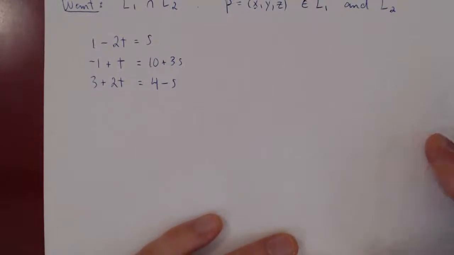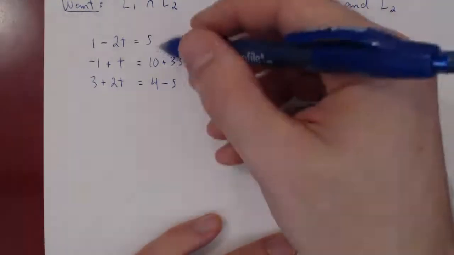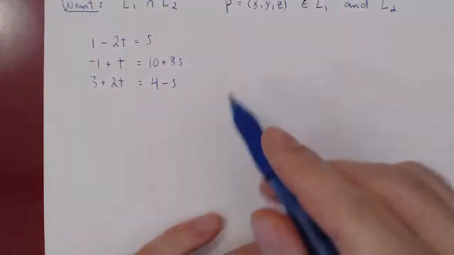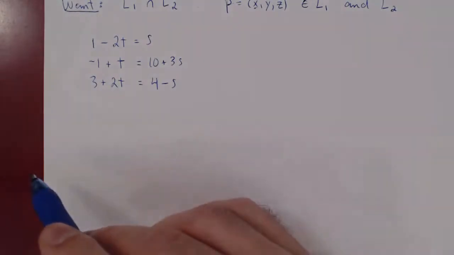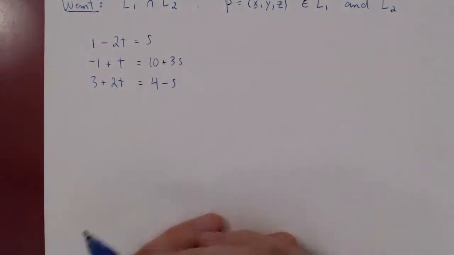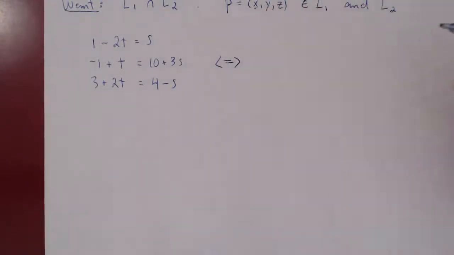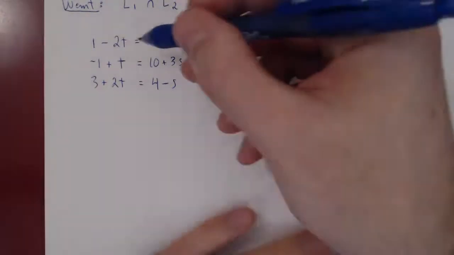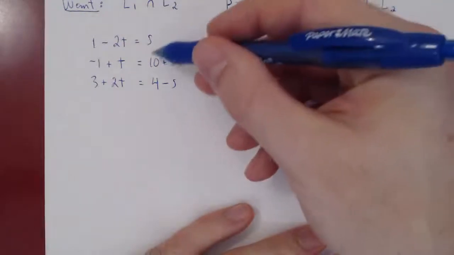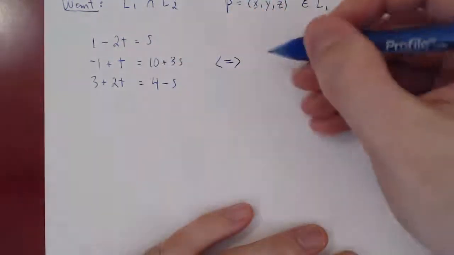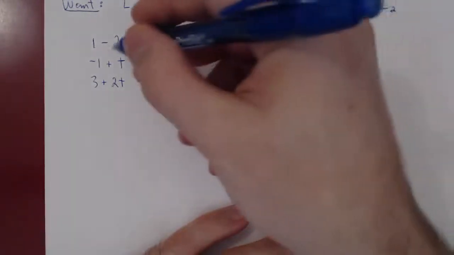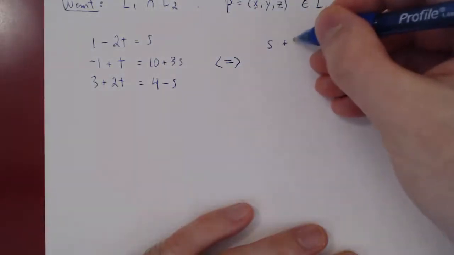Well, every time we want to solve a linear system, we have to rewrite it with all the variables on one side, all the constants on the other side. So let's do this here. I'll send the t's onto this side, the constants on the other side, so this will become s plus 2t equals 1.